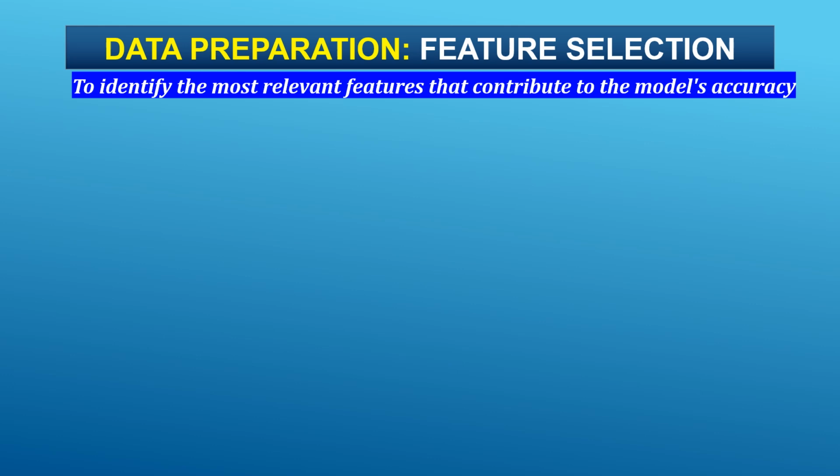Data preparation: feature selection to identify the most relevant features that contribute to the model's accuracy. This can help improve model performance, reduce overfitting, and decrease training time. Techniques: filter methods. These methods use statistical techniques to evaluate the importance of each feature independently of the model.